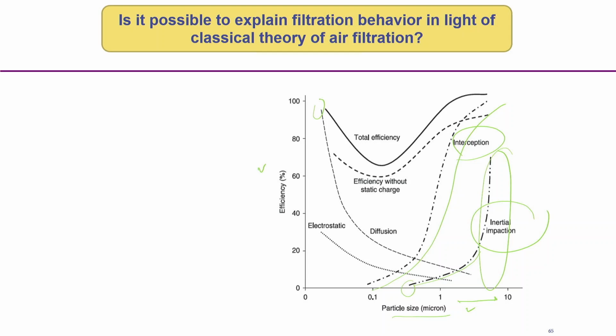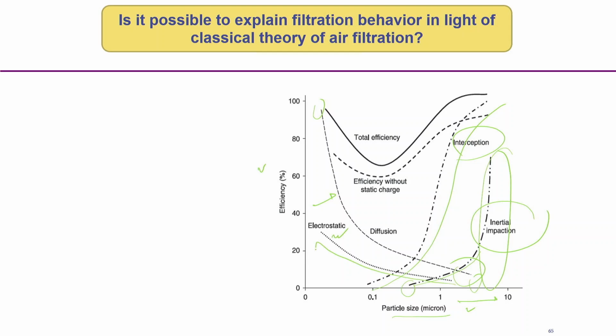So, the lower the particle size, the higher the entrapment. At higher particle size, typically above say 2-3 micron, that Brownian motion does not exist. So, at lower particle size, diffusion exists.